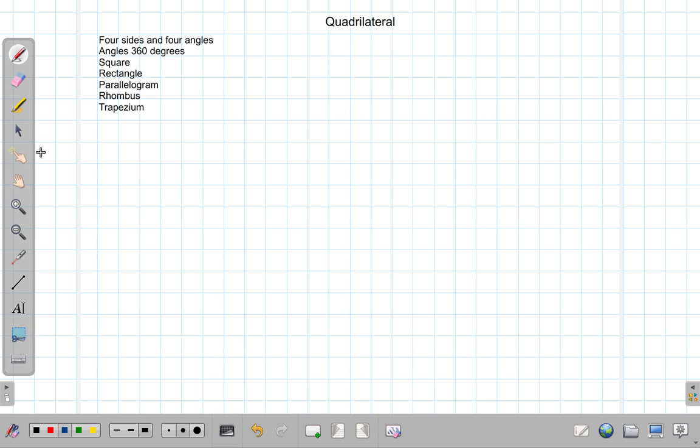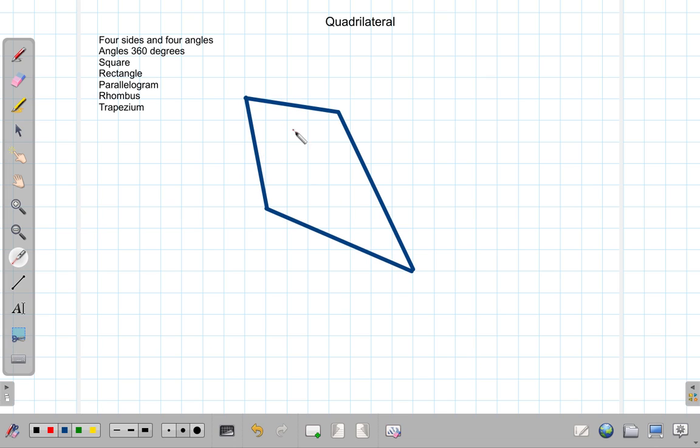Now, let me draw an example of a quadrilateral here. I have my 4 sides, 1, 2, 3, 4, and 4 angles, 1, 2, 3, 4 angles here.